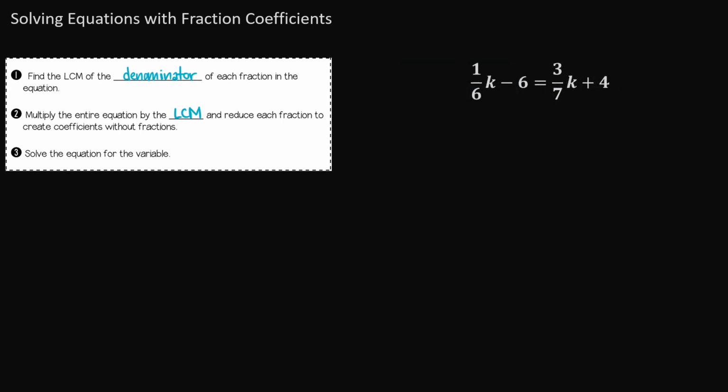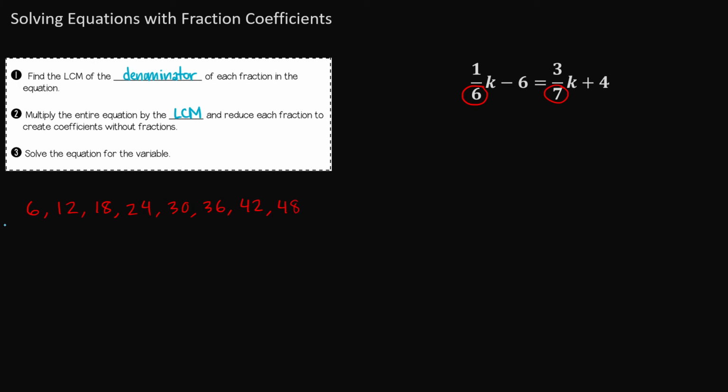Let's try one more. So in this one, we have 1/6 k minus 6 equals 3/7 k plus 4. So again, first step, we need to identify what the least common multiple of the denominators of our fractions would be. So the least common multiple of 6 and 7. So I'm just going to list out my multiples of 6. So 6, 12, 18, 24, 30, 36, 42, 48.